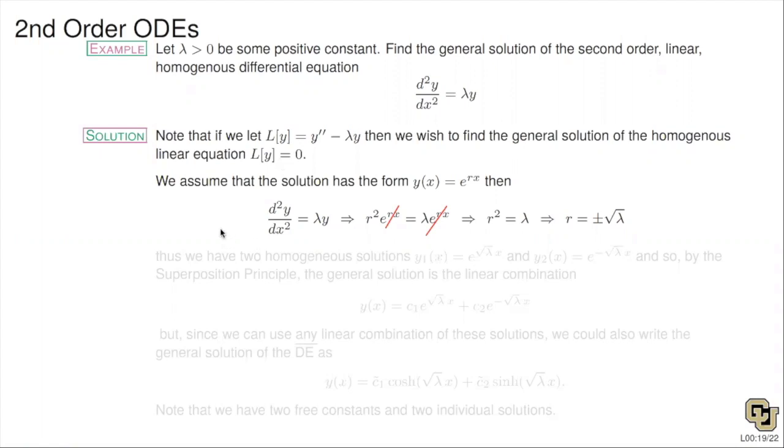Okay, so here I just want to give you an overview of this procedure that we'll do many, many, many, many times. Now we've essentially found two solutions. We assumed the solution had the form e to the rx. By plugging it into the ODE, we were able to solve for r. And so now I have my two solutions. This is a second order ODE, so I do expect two solutions.